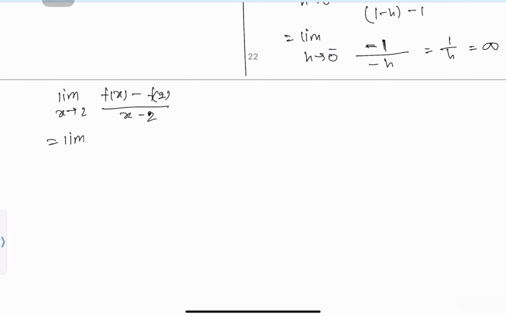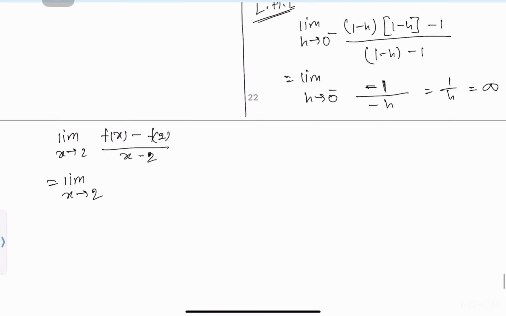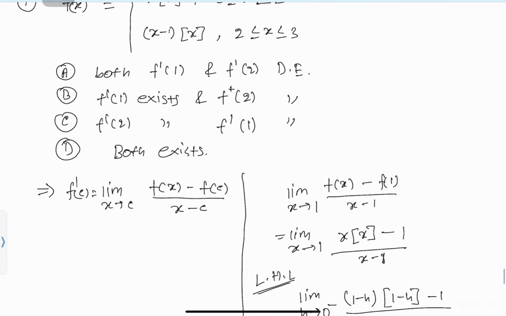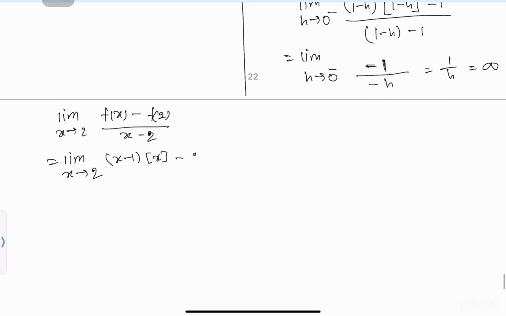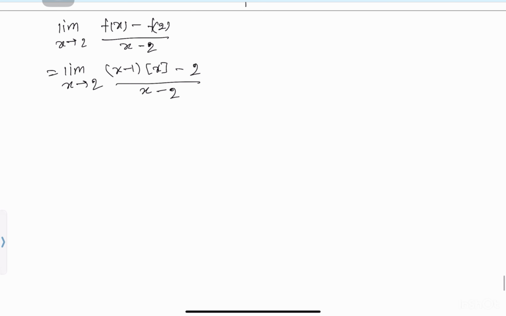Now, limit x tending to 2, f of x is x minus 1 box x, and the corresponding f of 2 value should be 2, because if I put 2 here, that becomes 2. Now I have to find the left hand and right hand limit.